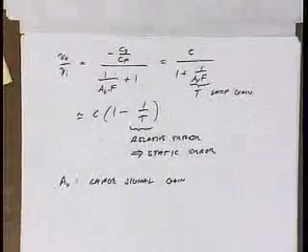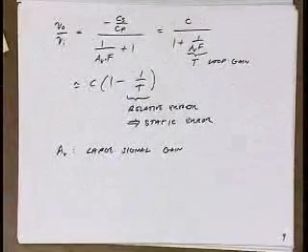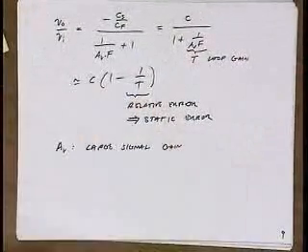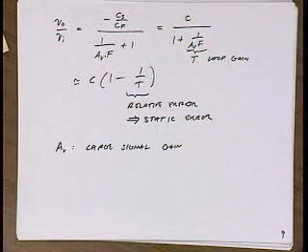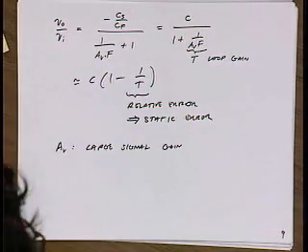And now you can see why we care about the large signal gain, because ultimately how much gain we need in an amplifier is determined by how much accuracy we need, right? So let's do a simple example.